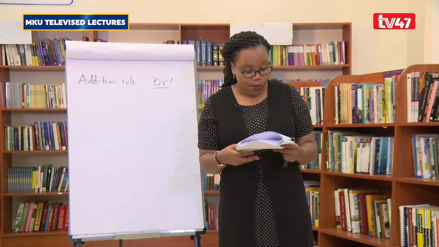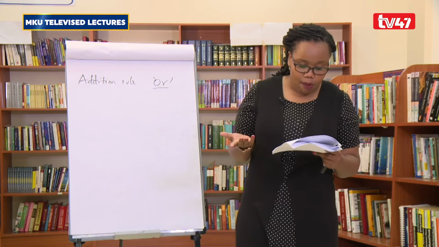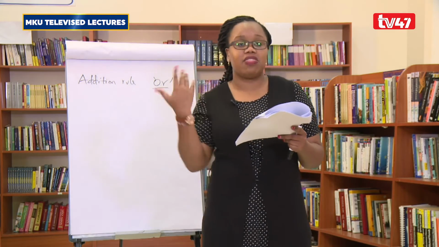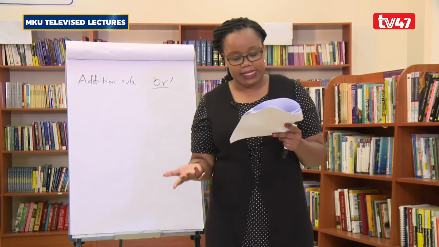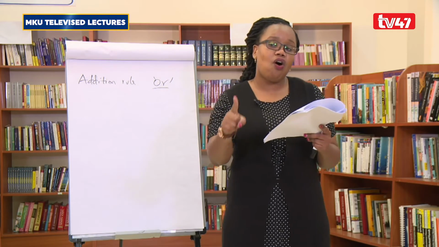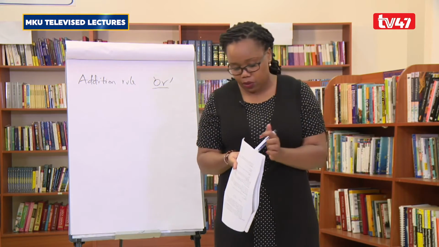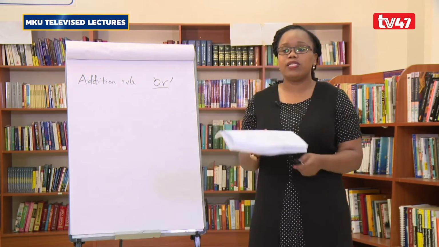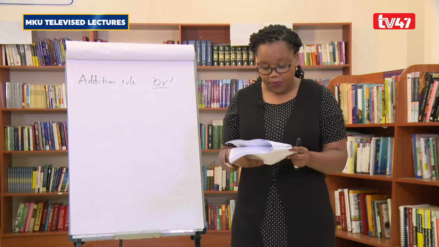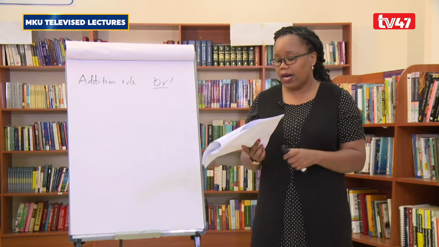So we have an example here. We are told, what is the probability of throwing a 3 or a 6 with a throw of a die? So we are only throwing this die once. What is the probability that we will get a 3 or a 6?